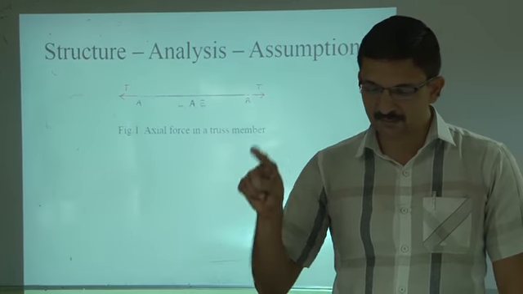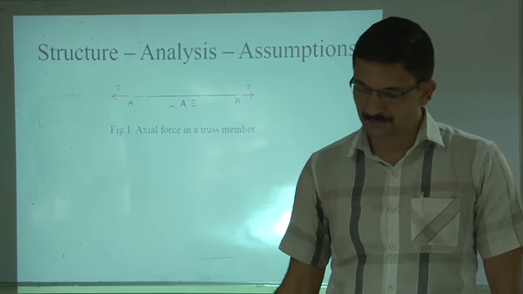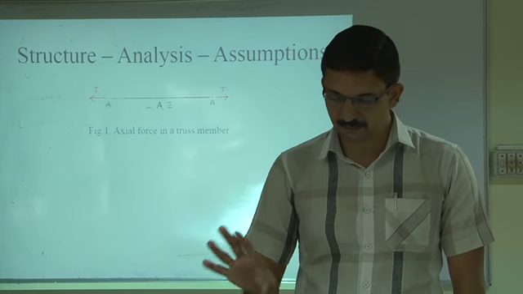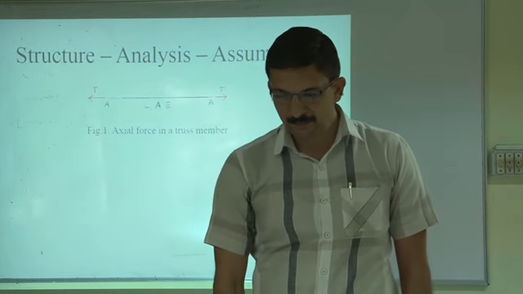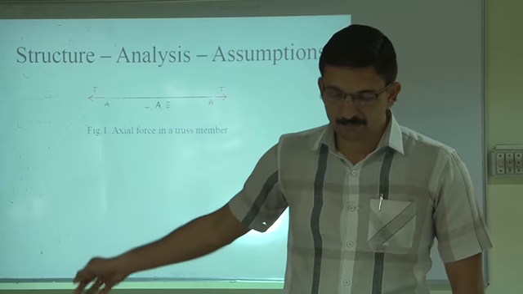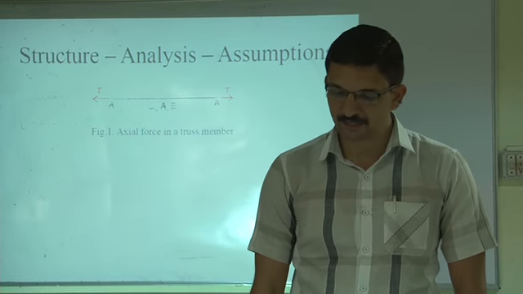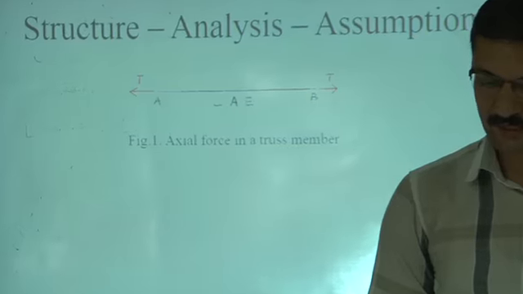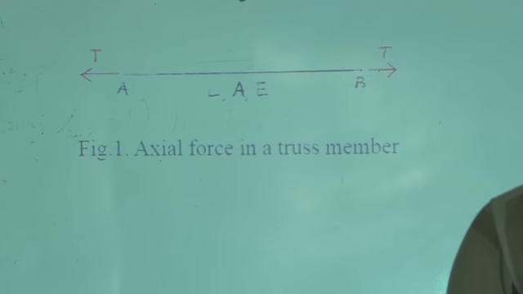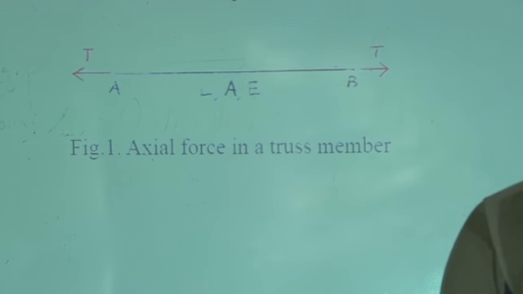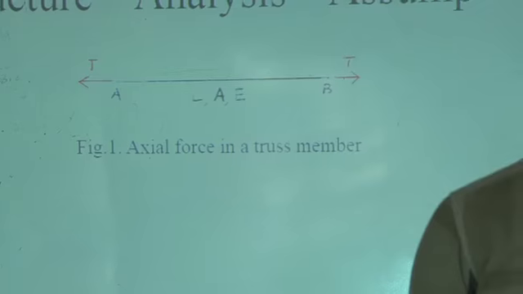Generally, capital letters in English represent forces. You can see the capital letters L, A, E written below the beam. L represents the length of the beam, A stands for the cross-sectional area of the beam, and E stands for the Young's modulus of the beam. They are the geometric and material properties of the structure.